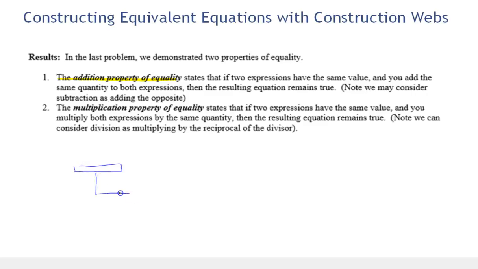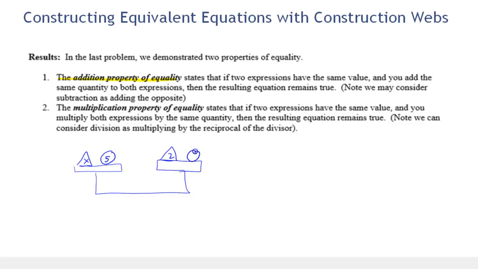Here's our balance scale. If we know that, say, x equals 2, we could have our scale balanced with x on one side and 2 on the other. Okay. The addition property of equality states that we could now add any number to both sides of the equation.